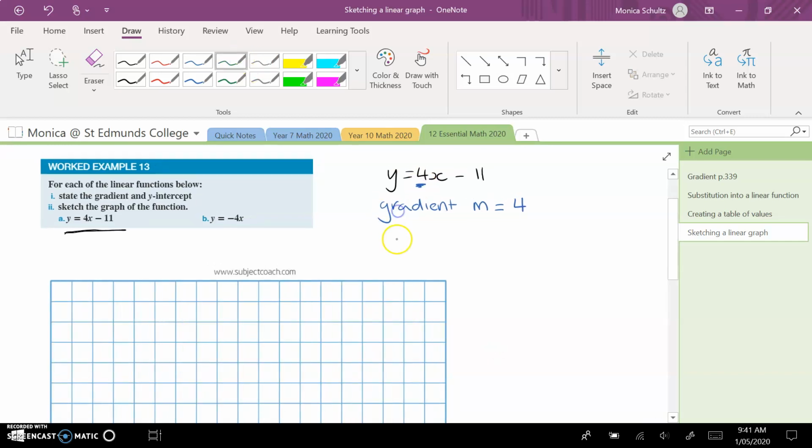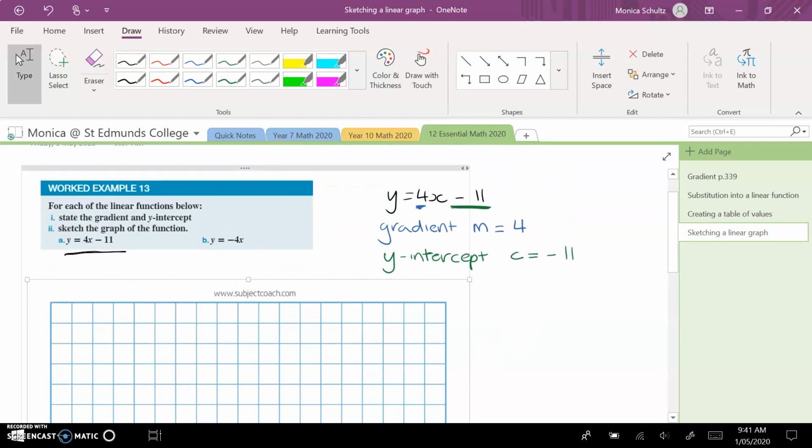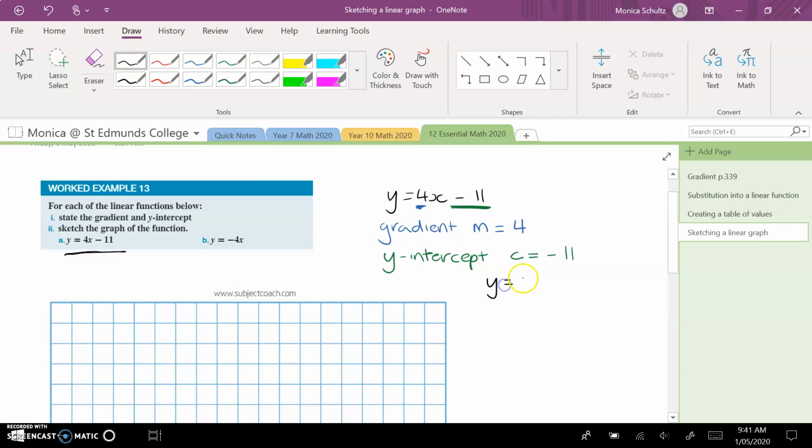And then my y-intercept, or I can call this c, is equal to negative 11. And that is from here. And I'm covering those m and c because our standard format of writing a linear function is y equals mx plus c.